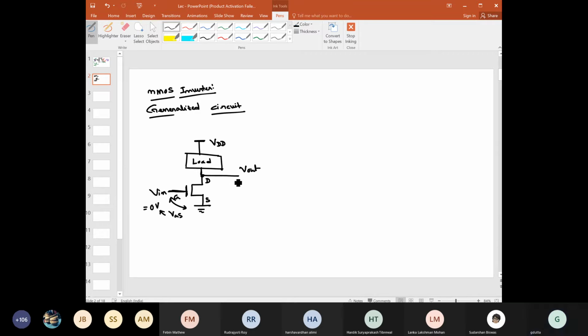But some dynamic current can flow whenever this capacitor has to be charged or discharged, right? So we can say that at this output, one capacitor is connected.